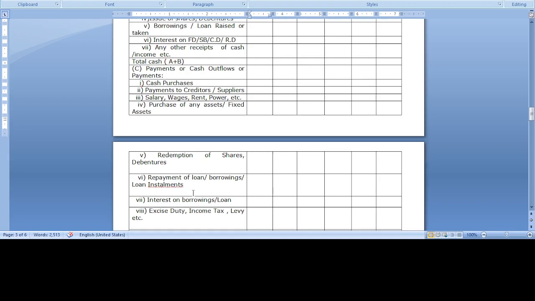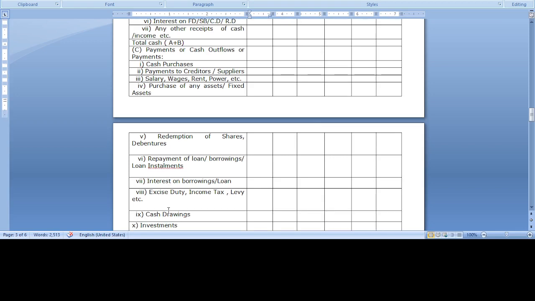Repayment of loan, borrowings or loan installment, you have to consider as outflow or payment. You may have to pay interest on borrowings or loan, which also comes under payment. And you have to pay excise duty, income tax and levy expenses. All these come under payments.